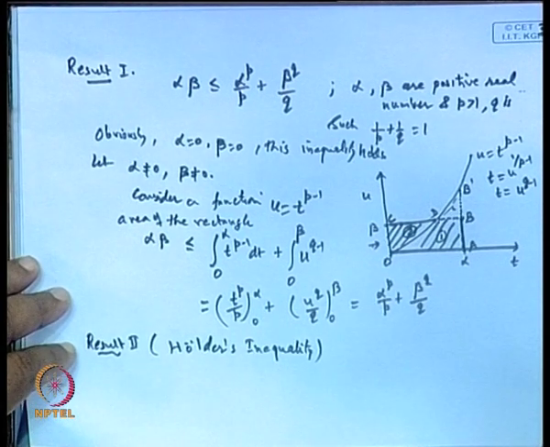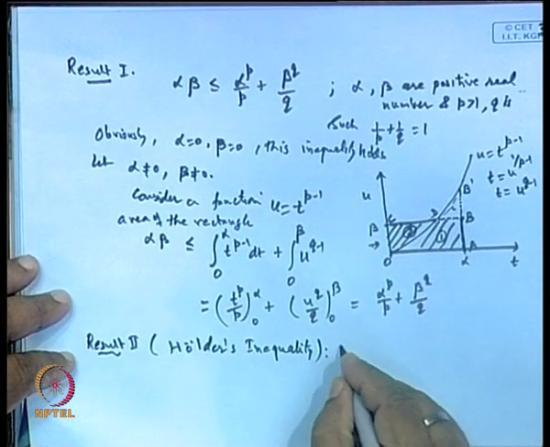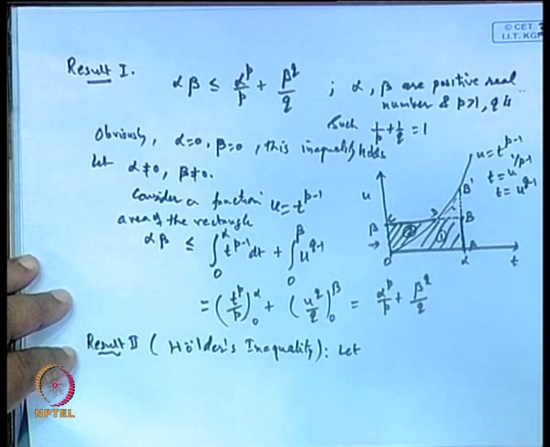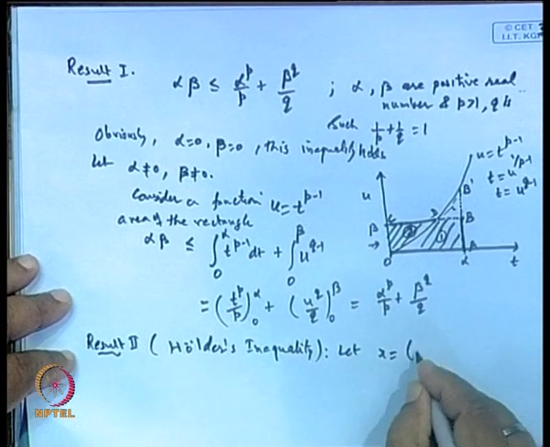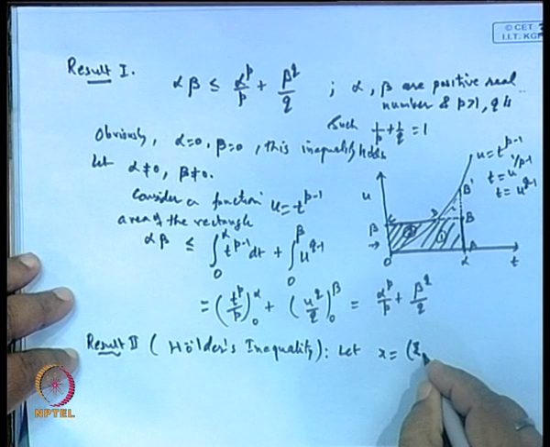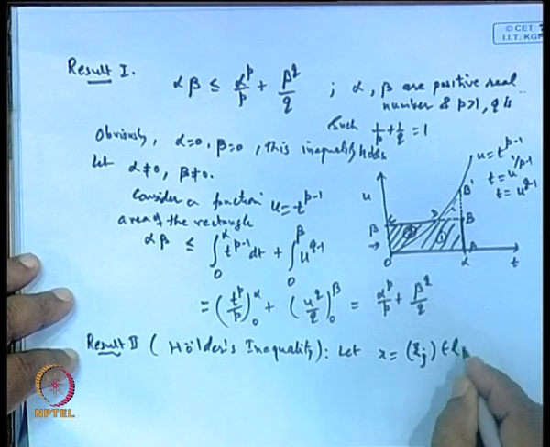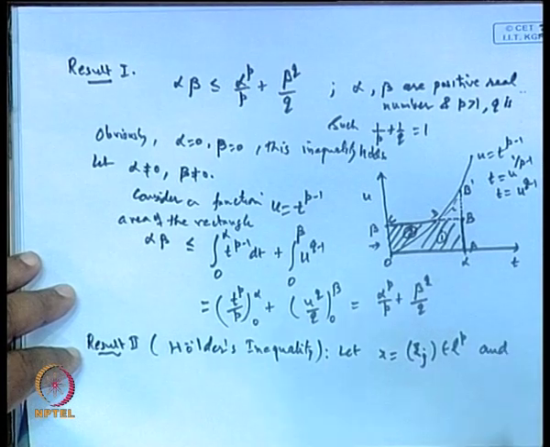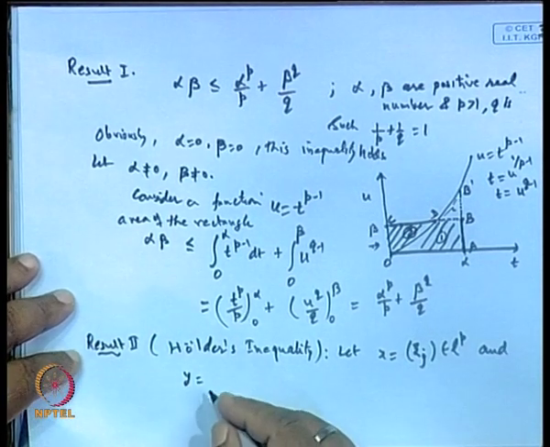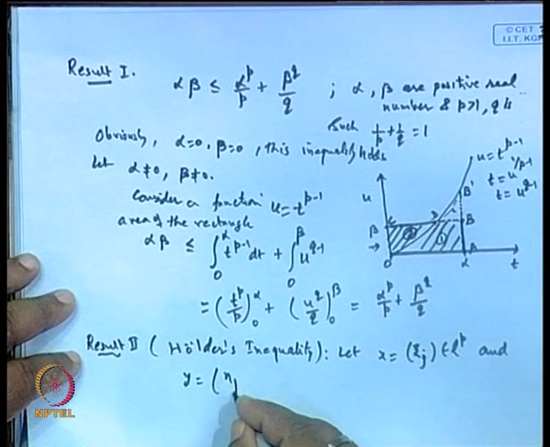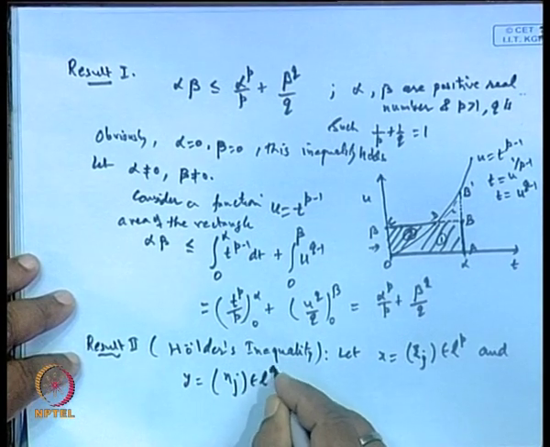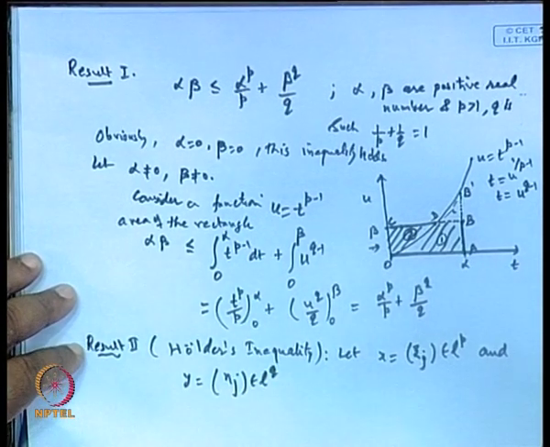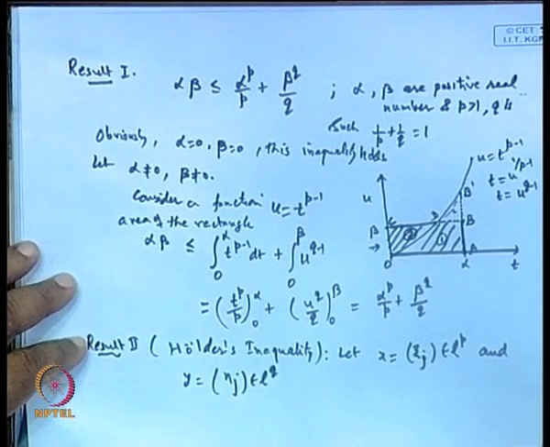Holder's inequality says, let x, which is xi j, belong to l p, and y, which is eta j, belong to l q, where p and q are the conjugate exponents.